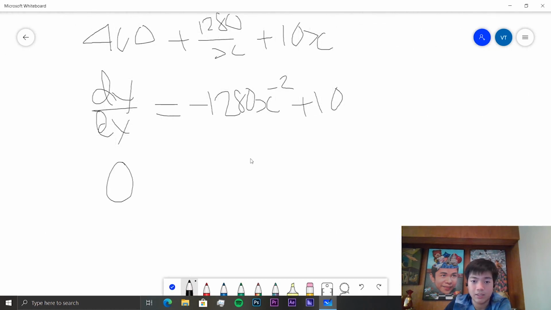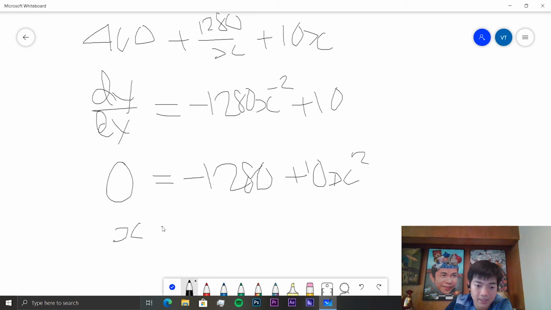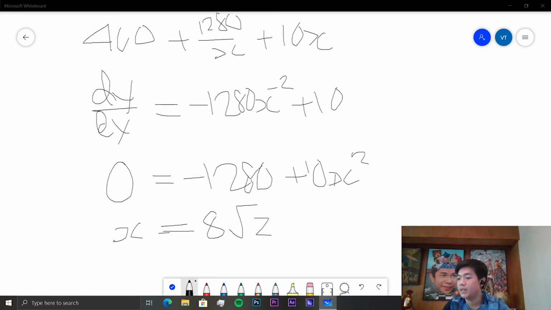So 0 is equal to negative 1,280 plus 10x squared. So we have x is equal to the square root of 128, which is 8 square root 2. So x equal to 8 square root 2, I believe.